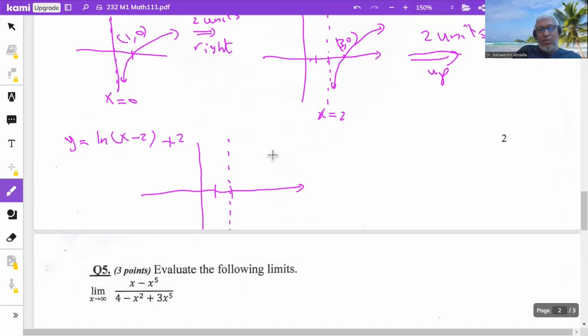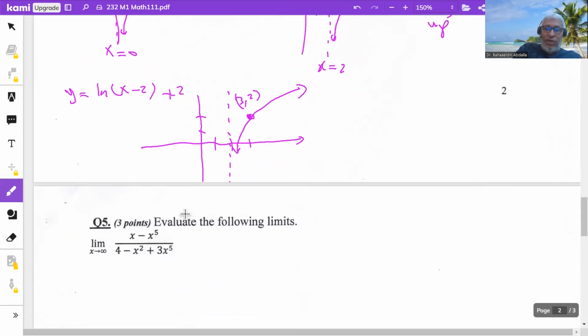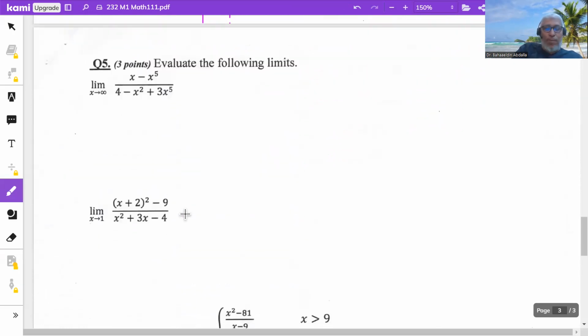But if you take this point 3, 0 up 2 units, you will reach this point, which is 3 and 2. And then the graph would be like this. So this would be a rough graph of this function. We used transformation to sketch the graph.